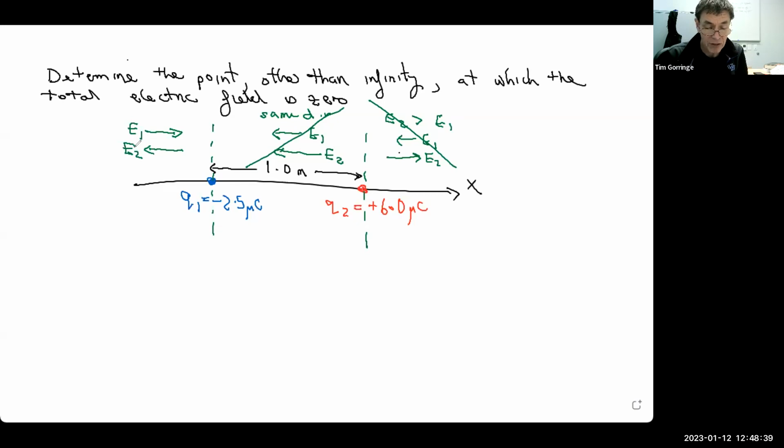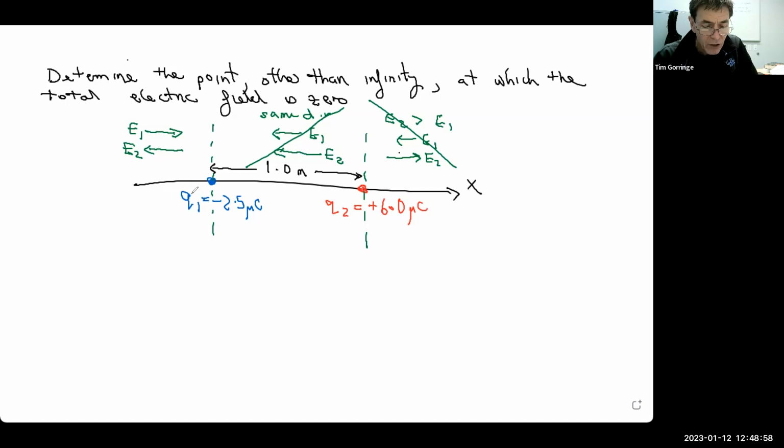They're in opposite directions. And also they can cancel in this region because we're closer to charge number 1, which is the weaker charge. We're further from charge number 2, which is the stronger charge.